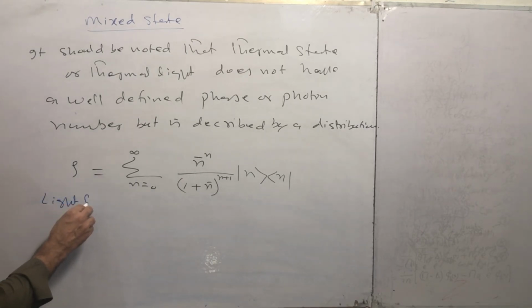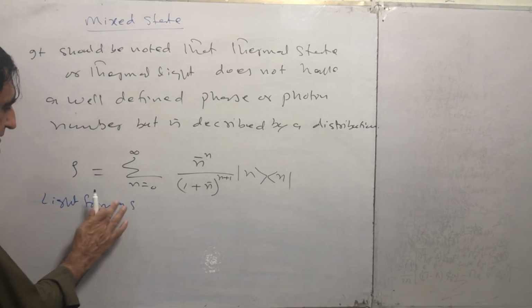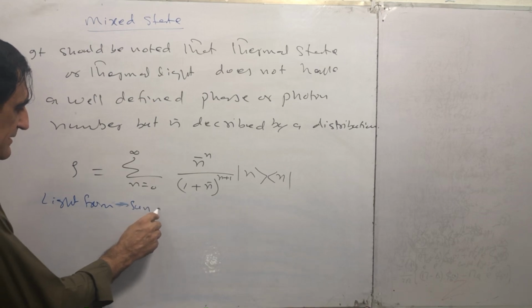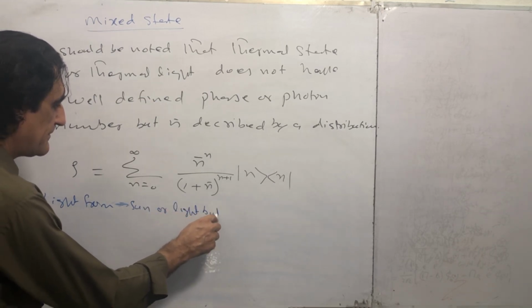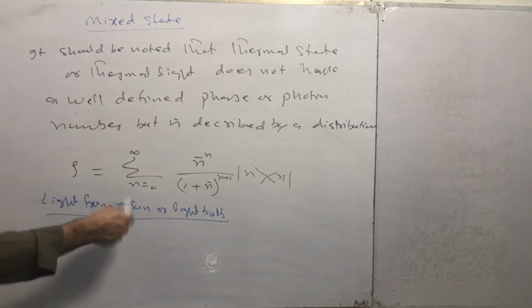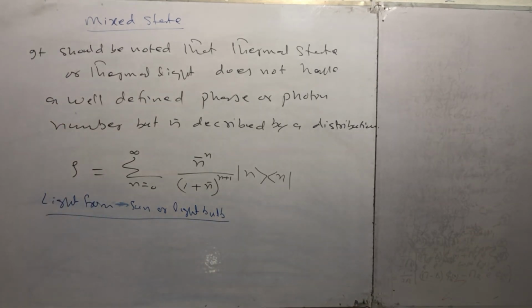Light from the sun or a light bulb. We can explain this in an easier way.